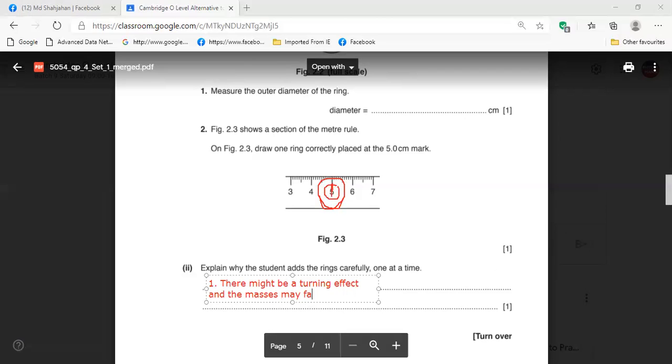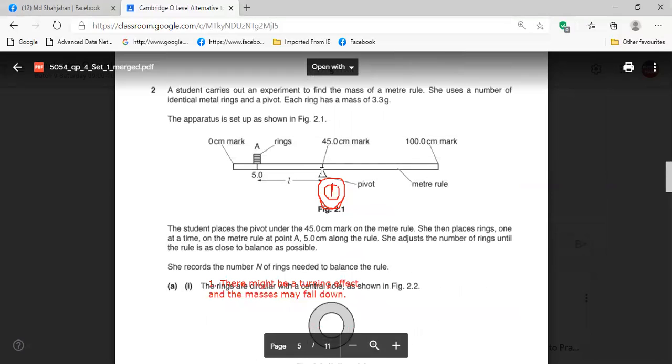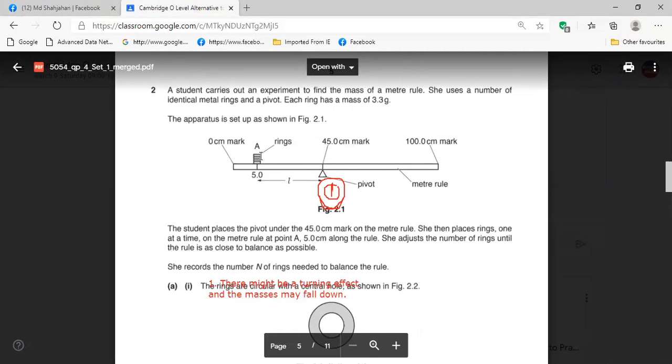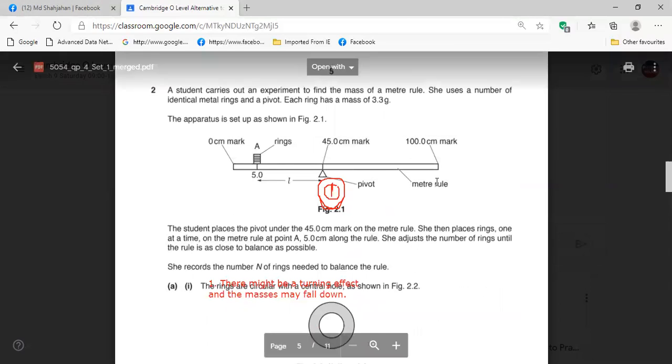Look, the diagram at the beginning is given, right? How to balance it? You see how it is kept on a pivot, right? So you have to keep them here, and if you are not keeping them carefully, then they might fall down, right? Now you understand, Tamjid?